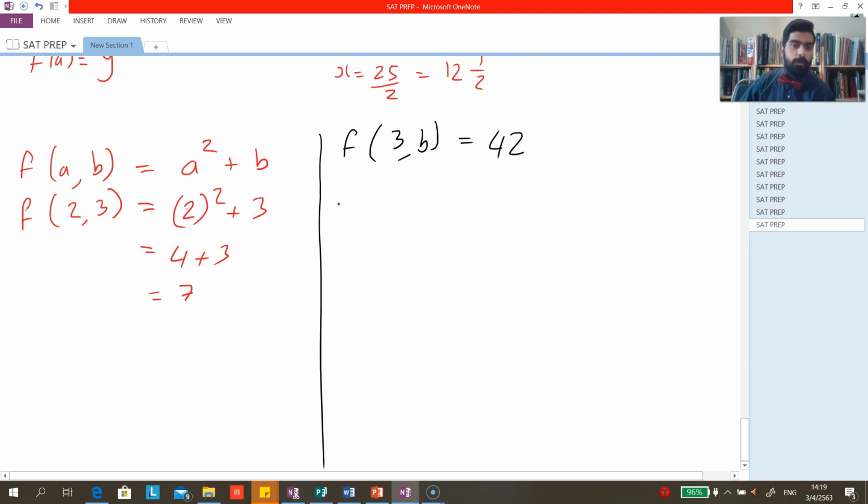And what do we know from here? We know that f of a comma b is equal to a square plus b, and we know that this is equal to this, right, guys?